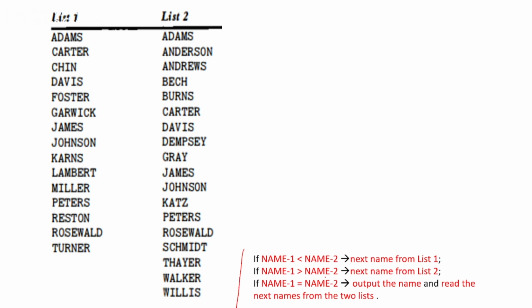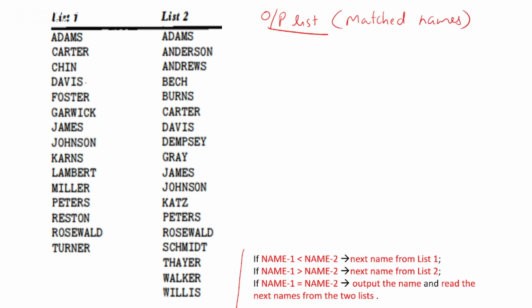If name 1 is greater than name 2, next name from list 2. And if name 1 is equal to name 2, output the name and read the next name from both the lists. So I will write an output list over here. This is the output list where you will get the matched names.